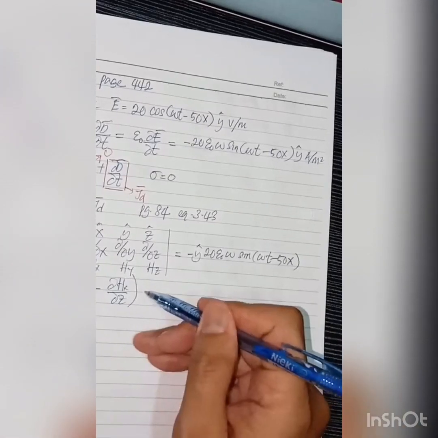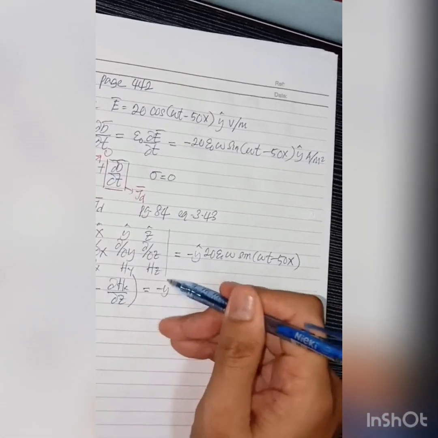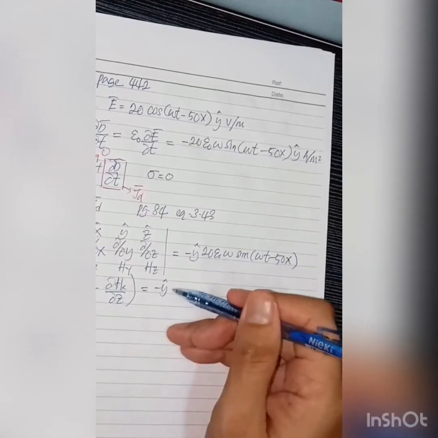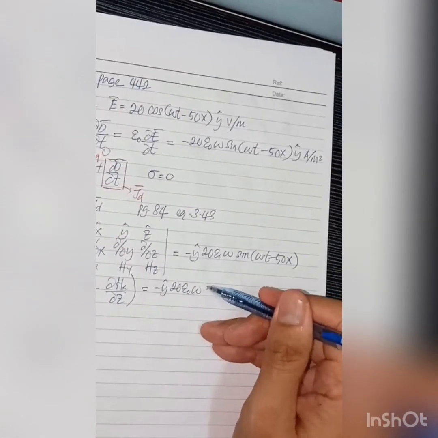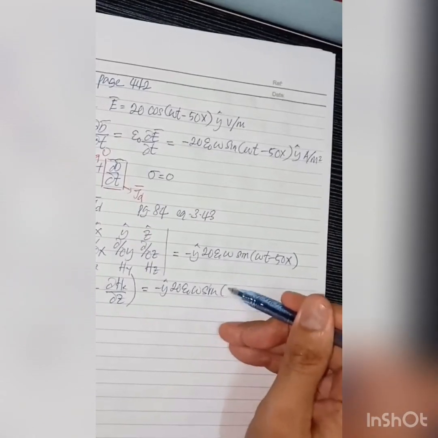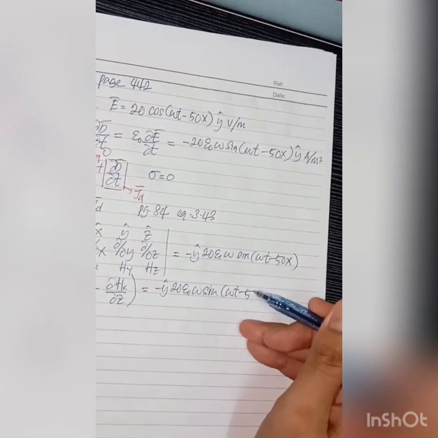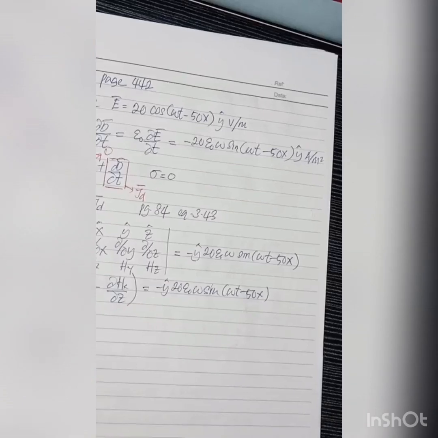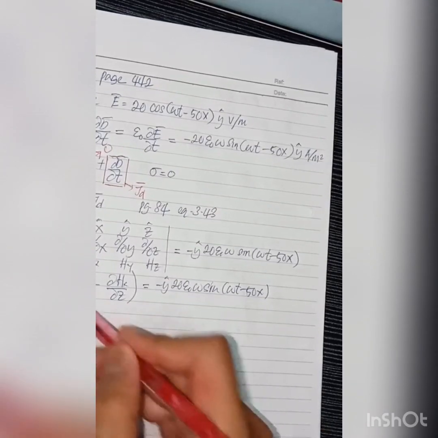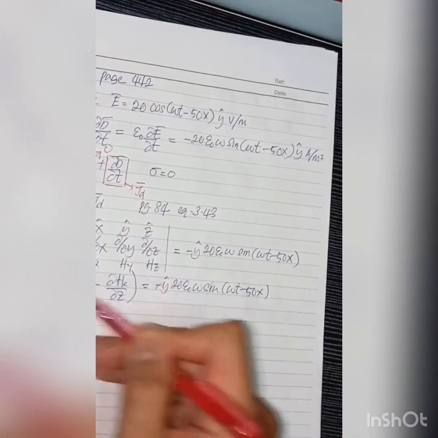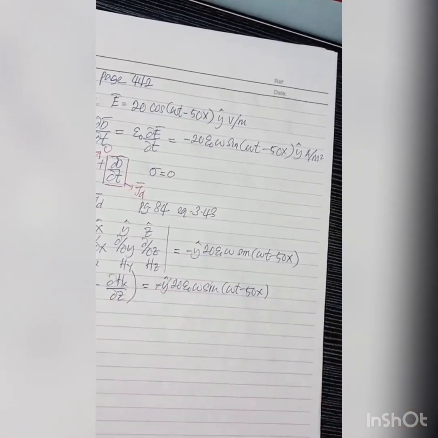Okay guys, and now it's equal to the negative y as shown above, 20 epsilon naught omega sine omega t minus 50x. Now we can simply cancel the negative and the y on both sides.